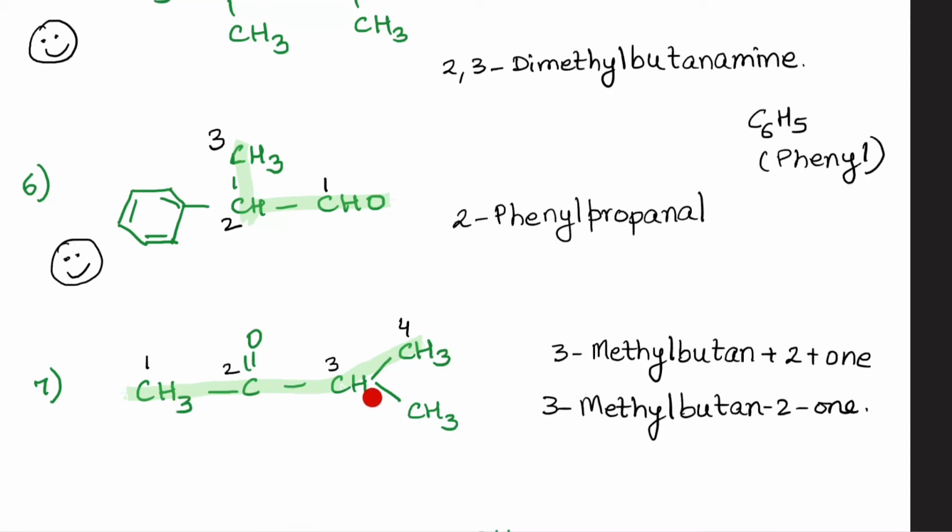The name of this compound would be a combination of 3-methyl, then 4 from the word root would be but, saturated. We are not taking this C double bond O. Saturated means between the carbon atoms there is only a single bond, so ane. At the second position we have the ketonic group, so 2-one. So we will have this compound as 3-methyl butan-2-one.